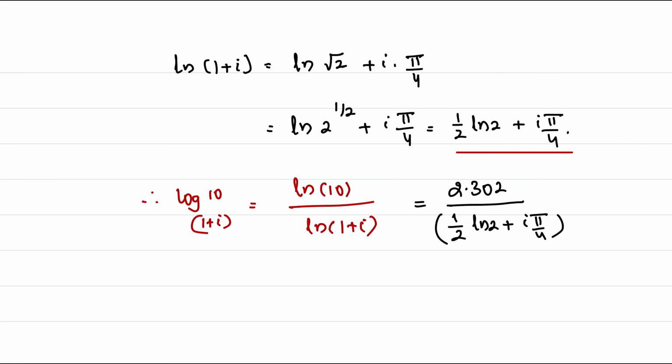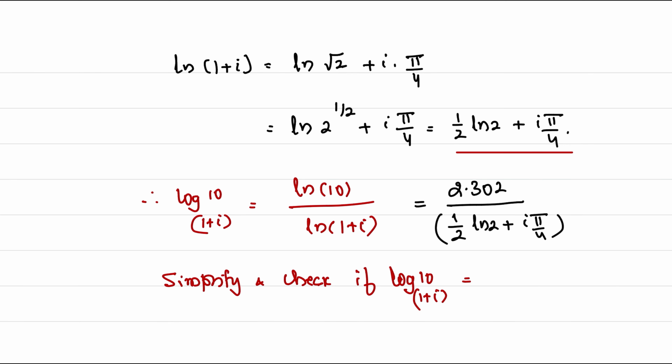Now, if you want to simplify it, simplify it. Otherwise, your answer can be this way only. I will give the homework here: simplify and check if log 10 to the base 1+i is equal to half ln 2, which is 0.693, divided by 2, i into pi by 4; that value also you can find out.